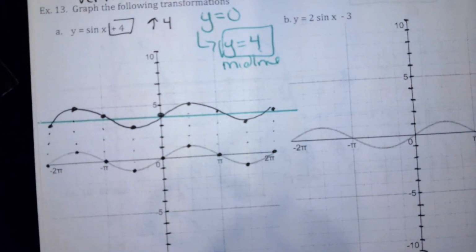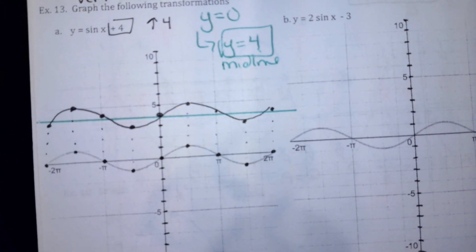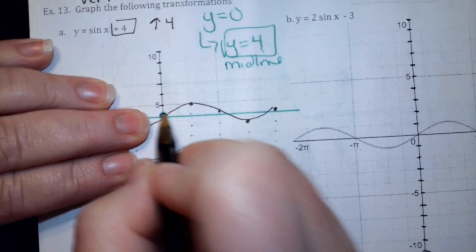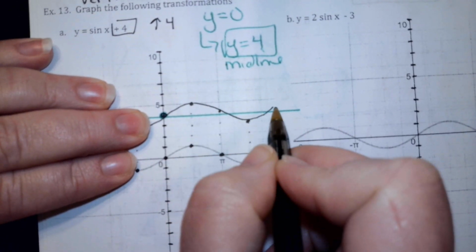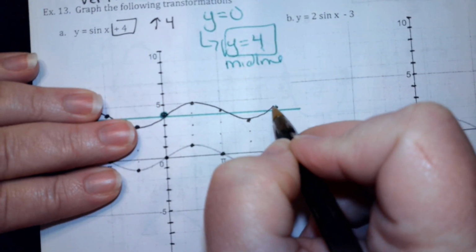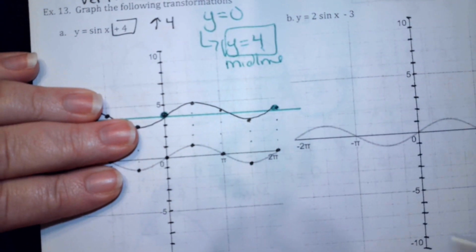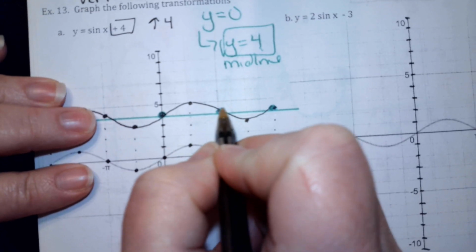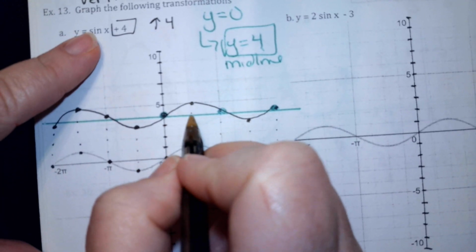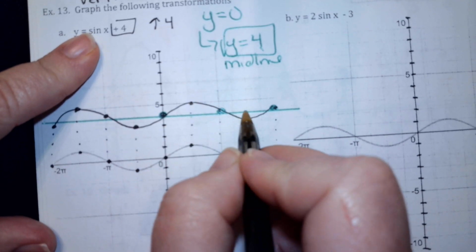And then once you figure out that midline, all you have to do is think about the sine. The sine starts at the midline, finishes at the period, and has a crossover point smack dab in the middle. It goes up first. Here the amplitude is 1, so go up 1 and then go down 1.